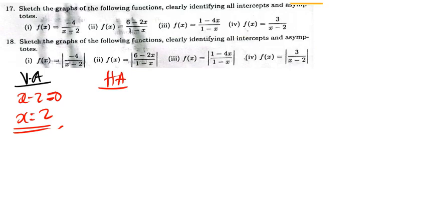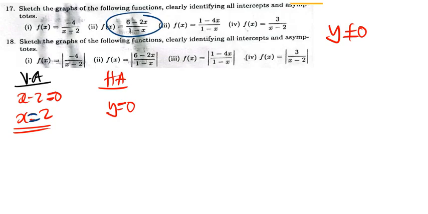You just check: is the function bottom heavy? In this case, the function is bottom heavy. If I want to find the range, I'm going to say y is not equal to 0. But since I'm getting the horizontal asymptote y equals 0, it's the same thing. On the domain, since I'm finding the vertical asymptote, that's why I'm saying it's equal to 2.